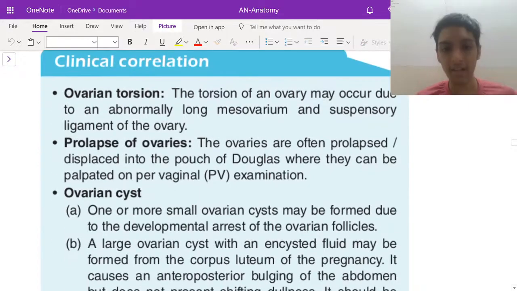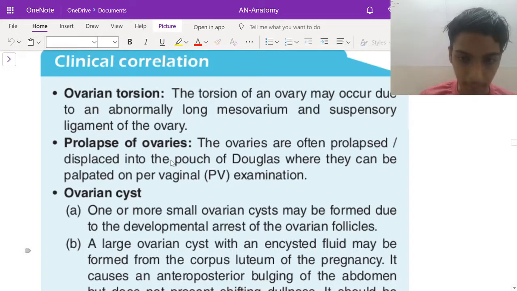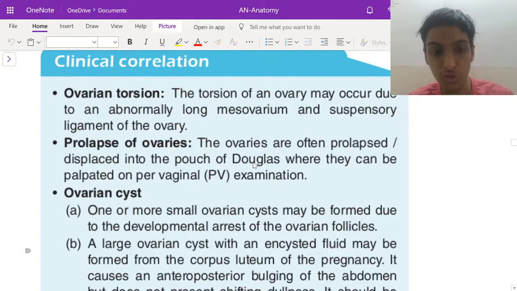Now applied anatomy we can see in per vaginal examination, pelvic organs in female, rectum and prostate gland in the male. Now the prolapse of ovaries, especially where we have the rectouterine pouch of Douglas, that's where the prolapse can happen.